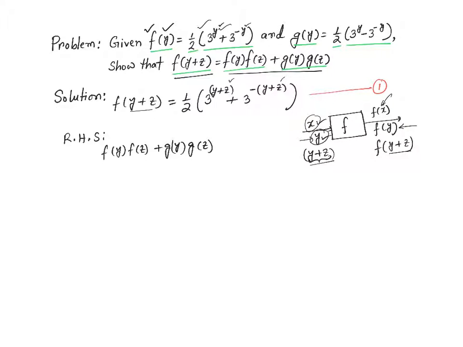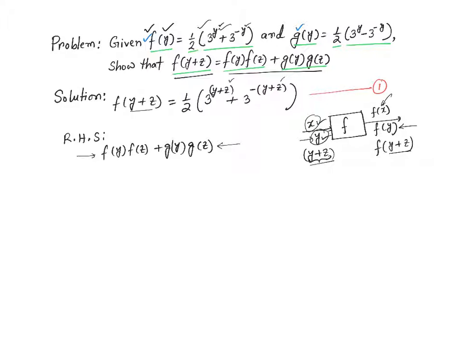Now let's go ahead and play around with the right hand side, which is f of y times f of z plus g of y times g of z. To simplify this one, all I am going to do is take the definitions of f of y and g of y, and just straightforwardly apply them.